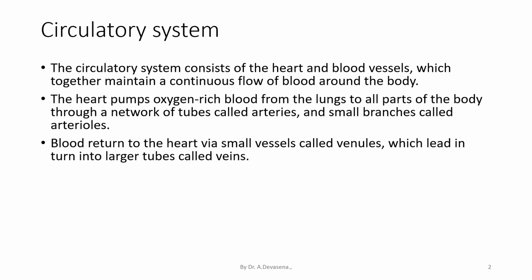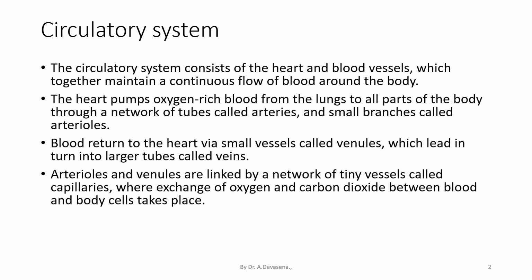Blood returns to the heart via small vessels called venules, which lead in turn into larger tubes called veins. Arterioles and venules are linked by a network of tiny vessels called capillaries, where exchange of oxygen and carbon dioxide between blood and body cells takes place.